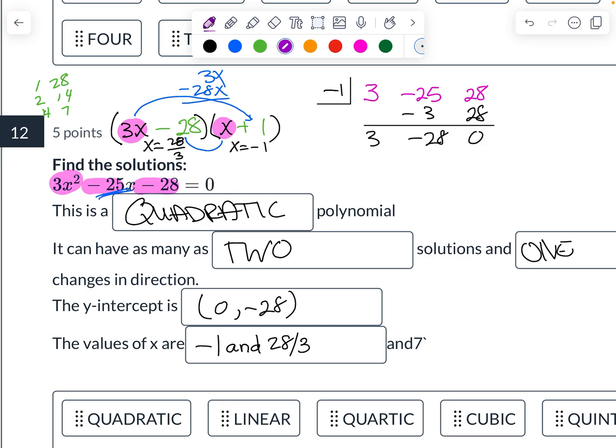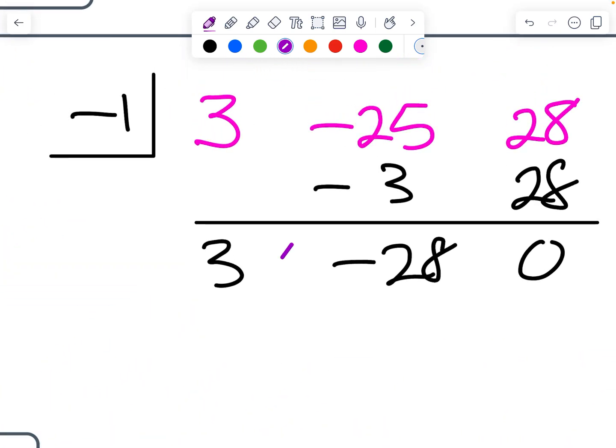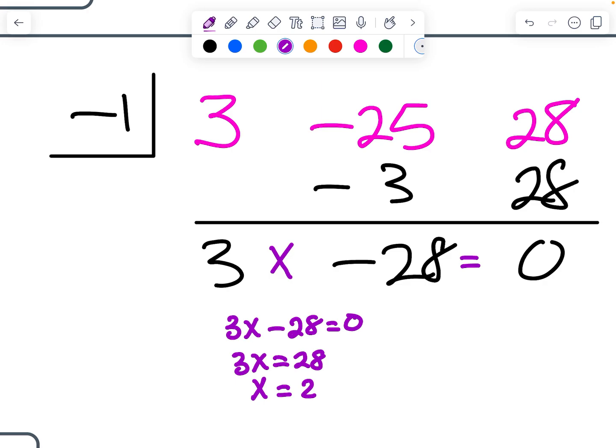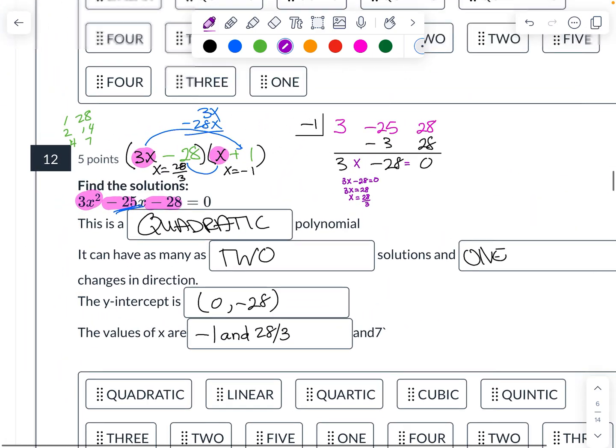Then, just like in the problem before, this would be 3x minus 28 equals 0. So 3x equals 28, so x equals 28 divided by 3, which is our other answer.